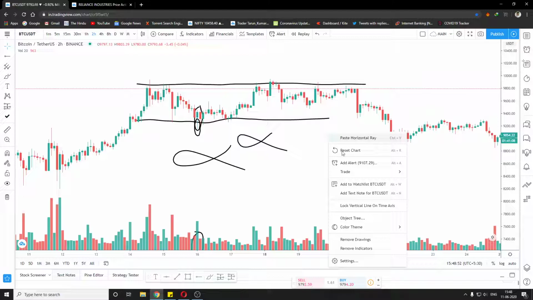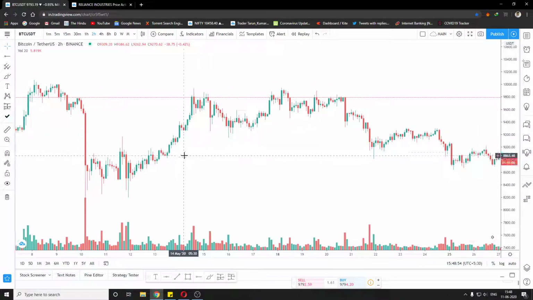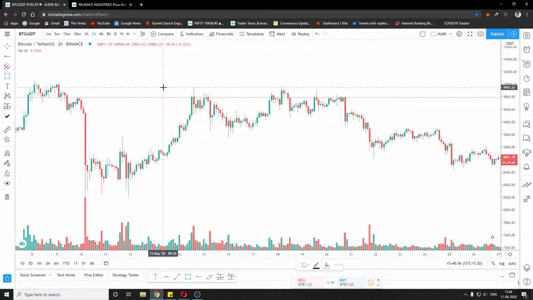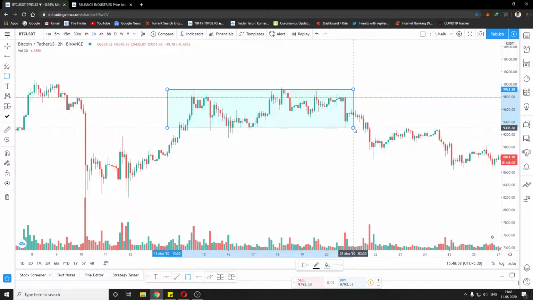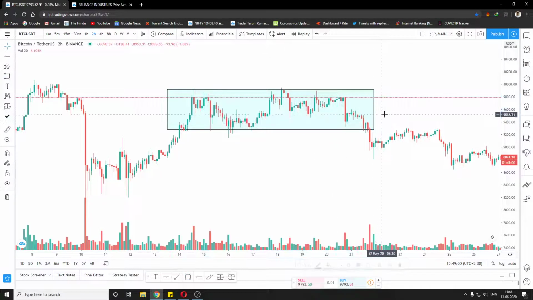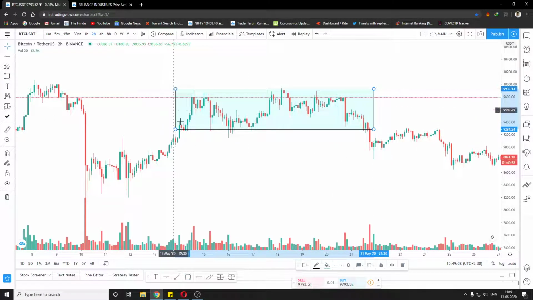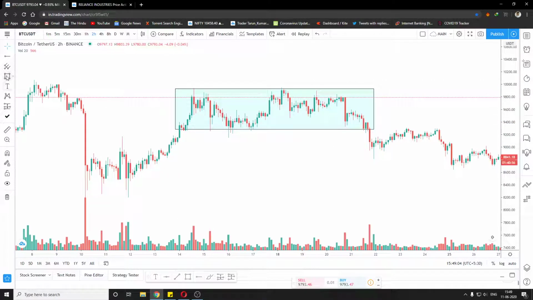For example, this can be a good example that we had a sideways market and we saw some lower wicks as well. These lower wicks here, some here as well.